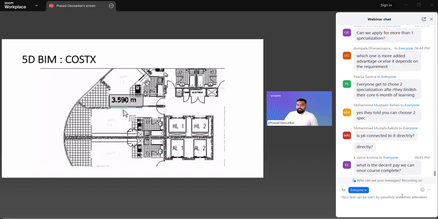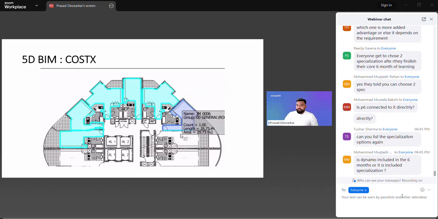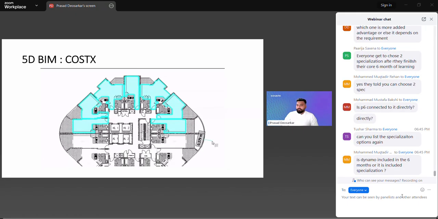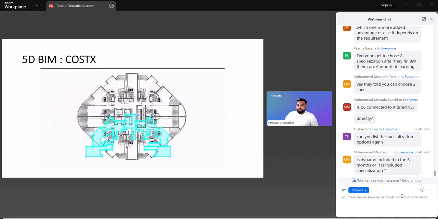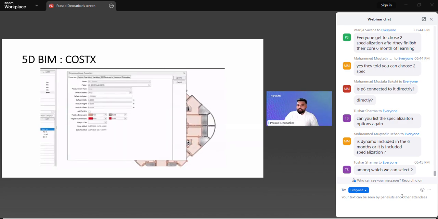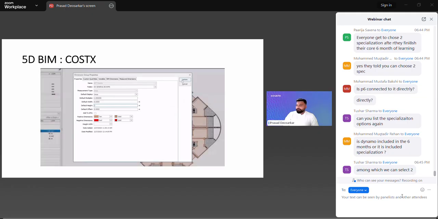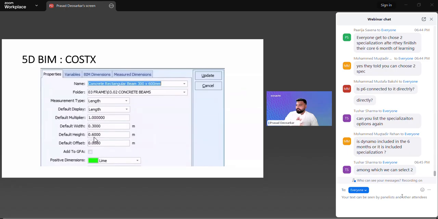You can generate areas by clicking on different areas of the building, and you can also generate volumes and lengths. You can export that particular area, duplicate it, and mirror it, like you see on the screen. You can choose different height offsets to generate volumes. All of these things are possible using Costx.